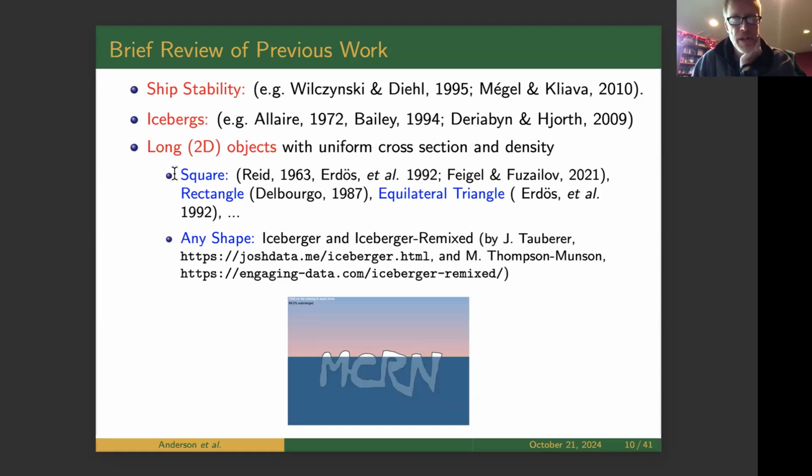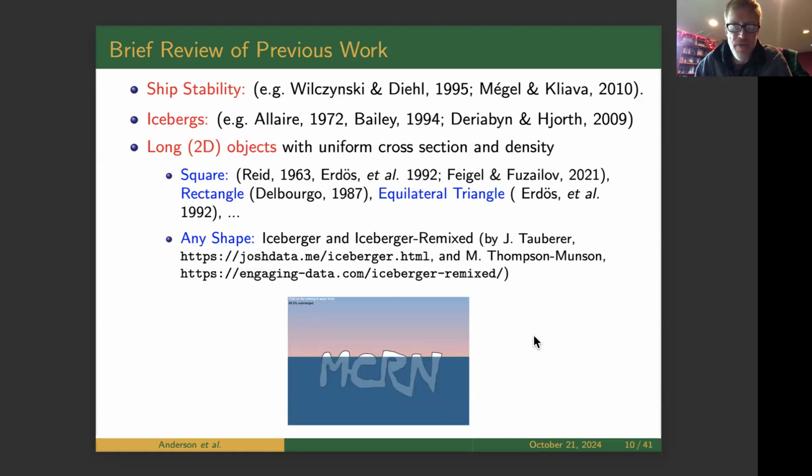Some of the things I'll talk about today are more directly linked to some of these other cases of long objects with uniform cross-section and uniform density. So I'll talk a little bit about the square. That's a pretty simple shape, but it still has quite a lot of interesting structure to it. People have looked at things like rectangular cross-section, triangles, etc.